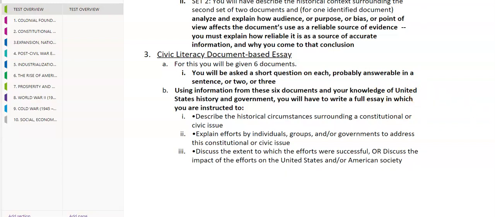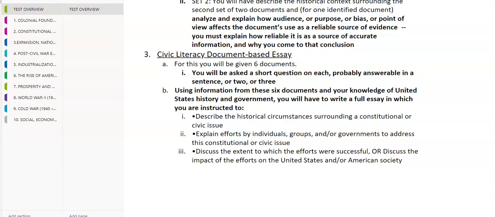That is a full-on 4 or 5 paragraph essay in which you use all 6 of those documents and your knowledge of United States history to write an essay that describes the historical circumstances surrounding a constitutional or civic issue to which those documents refer.